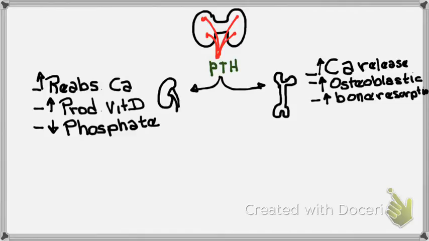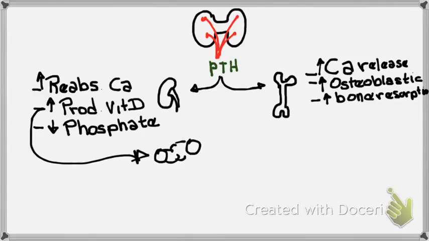The vitamin D that was produced in the kidneys is going to go to the intestine, where it is going to stimulate the intestinal calcium reabsorption.